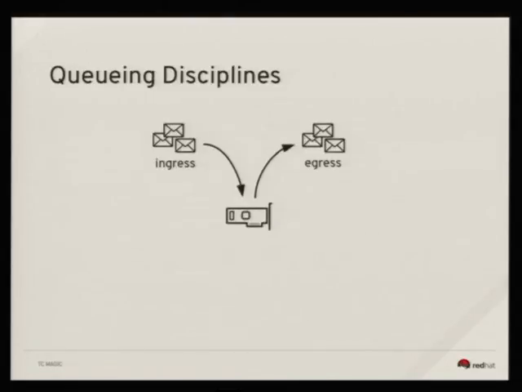But first, we have to introduce some terminology. You may be familiar with that, or probably not. So the first and most important thing is Qdisc. This is short for queuing discipline. And what's that? So to explain that, I need to introduce two other terms, and that's ingress and egress.